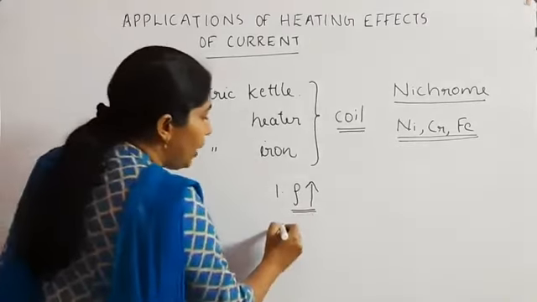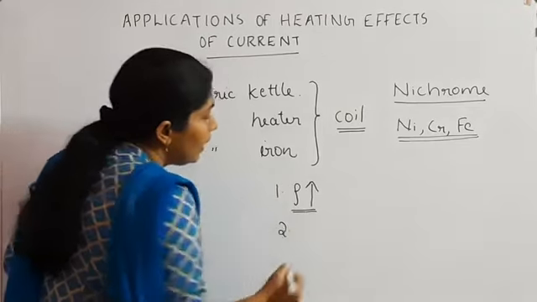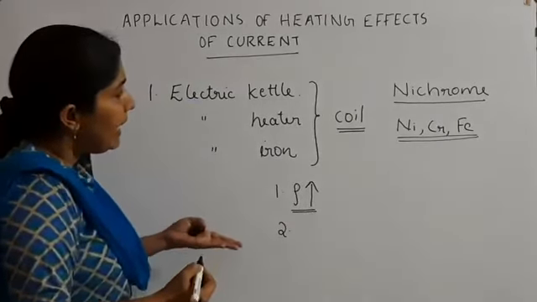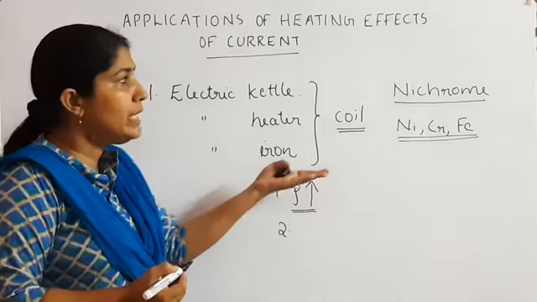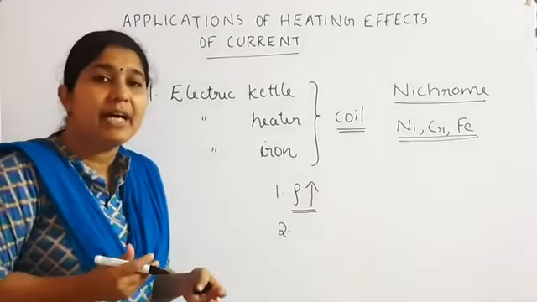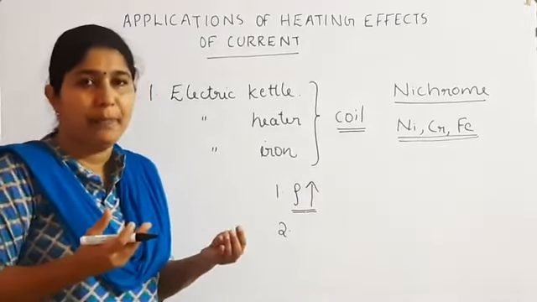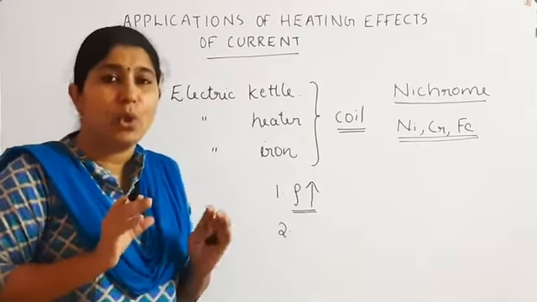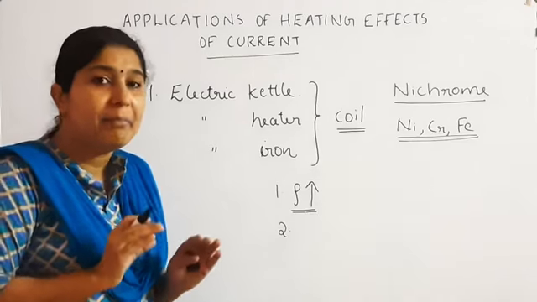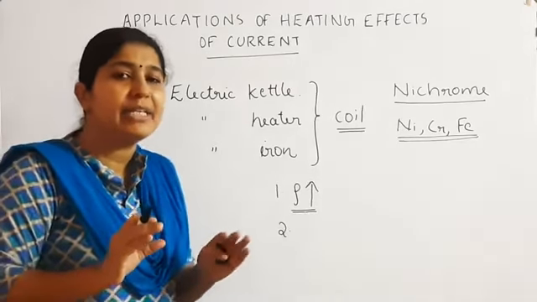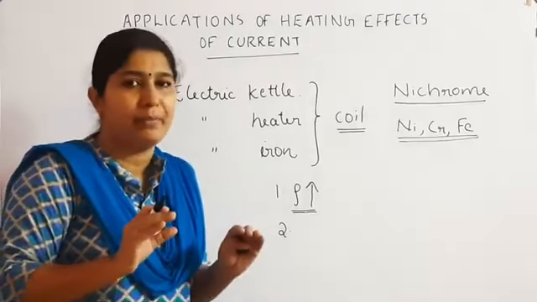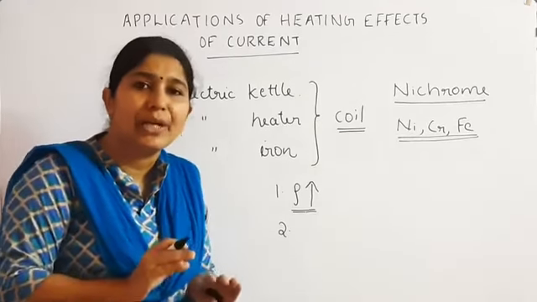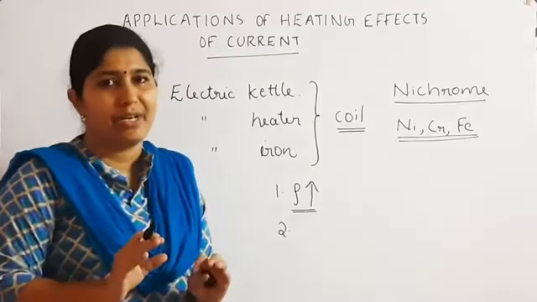And the second point is, when electricity is passed through this nichrome wire, it becomes heated up, and it remains in its heated state or red hot condition for a long time. But it does not undergo any oxidation.